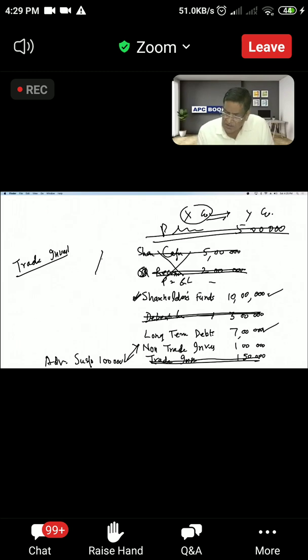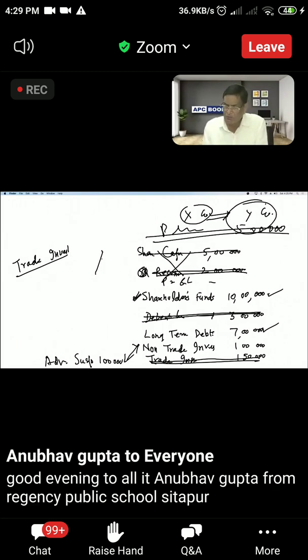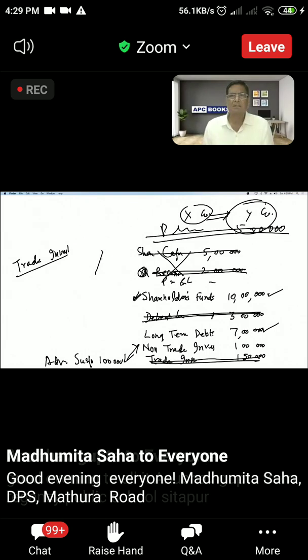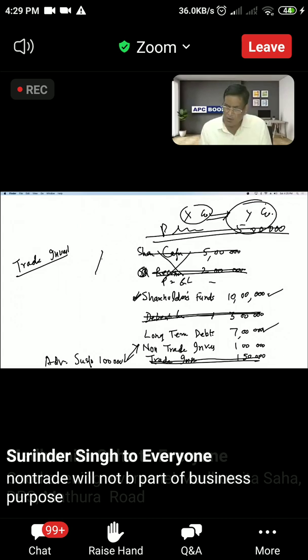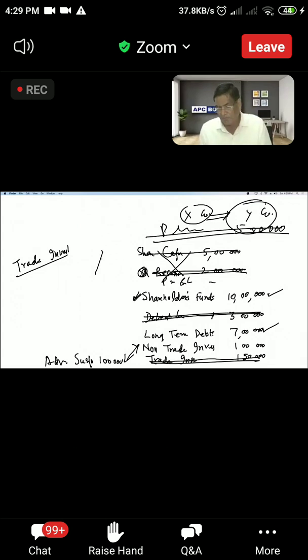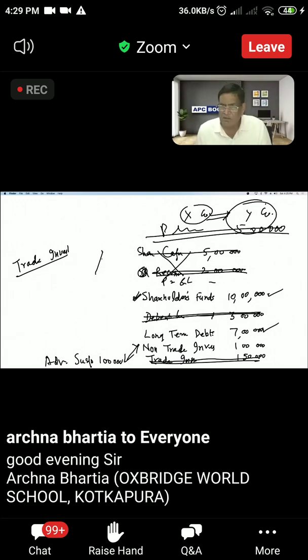We purchase certain shares of Y company because we want to have some control over Y company. We purchase their shares in order to have a controlling interest in Y company. We went on purchasing the shares of Y company. They are called trade investments. Why trade investments?